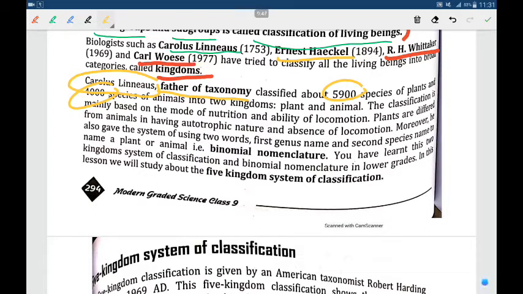It made the study of plants and animals easier. He was the first person to give that idea. That's why Linnaeus is called the father of taxonomy.